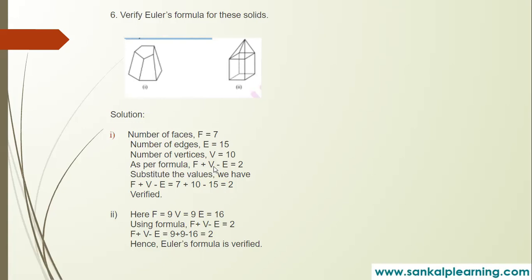That is F plus V minus E is equal to 2. If you substitute all the values here, we have to get the magical number 2. Let us see. F is 7 plus V, that is 10, minus edges, that is 15. 7 plus 10 is 17. 17 minus 15 is equal to 2. Right, children? Yes, we'll go for the next one.